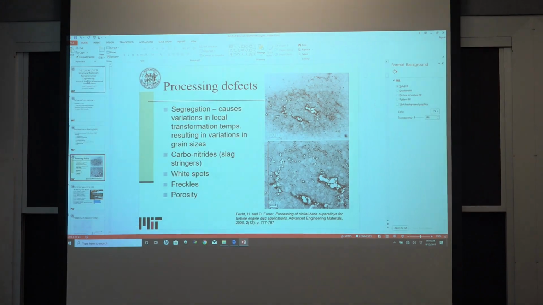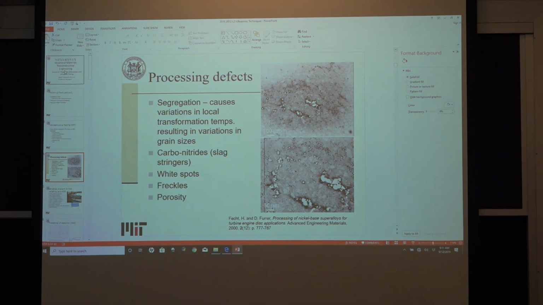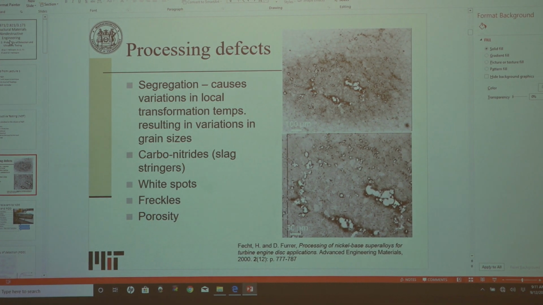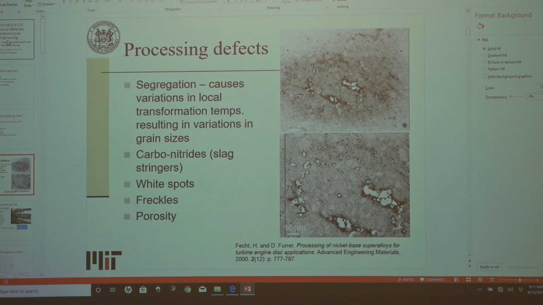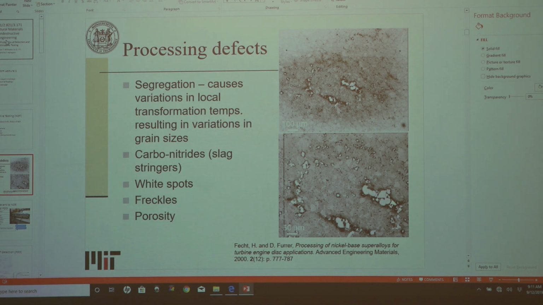So whether we're dealing with the example here of nickel-based superalloys, whether we're dealing with aluminum components that come out of a smelter, whether we're dealing with plain carbon steel or some other type of material, for metallic alloys, one of the main issues that you can get is segregation while it's in the melt stage. So what you're seeing in this image here is a freckle defect on the bottom there.